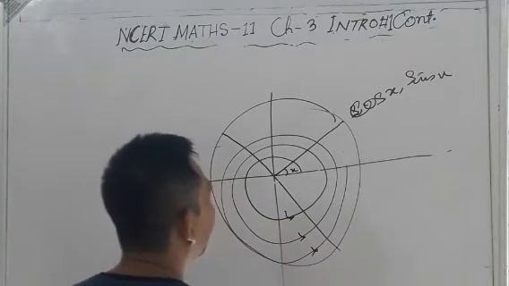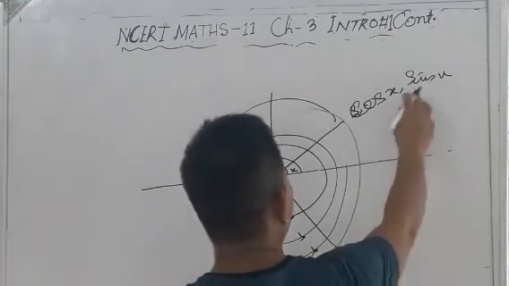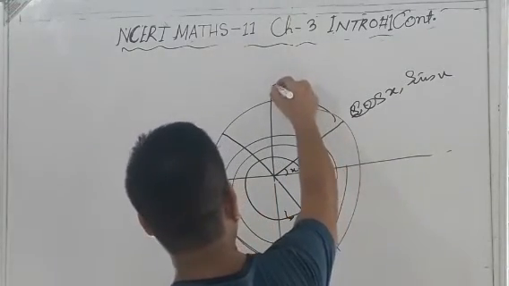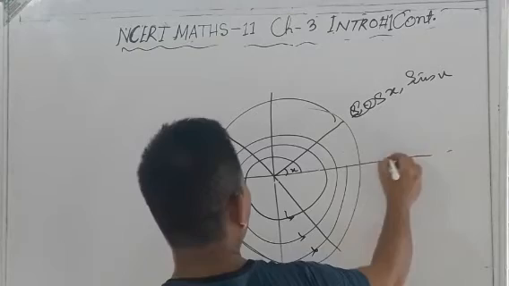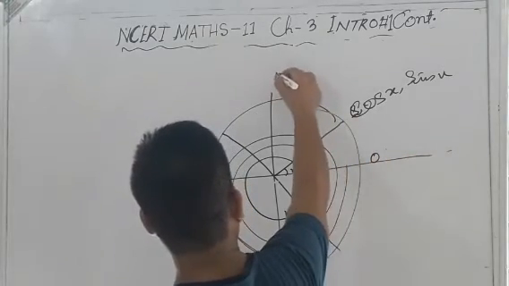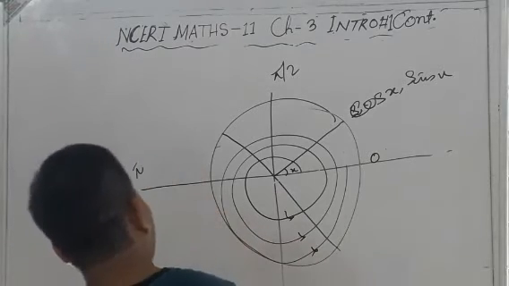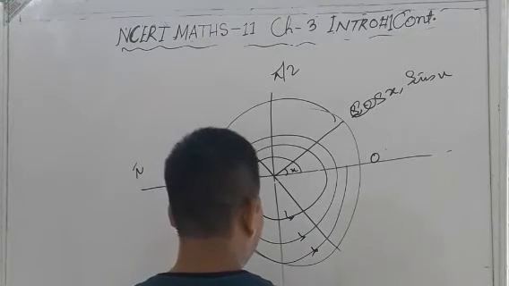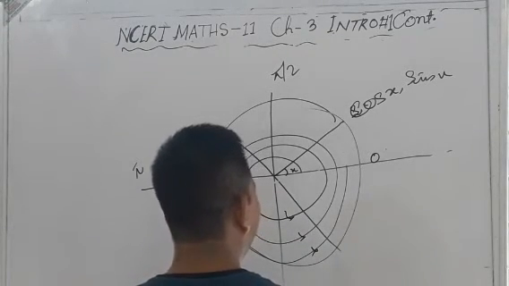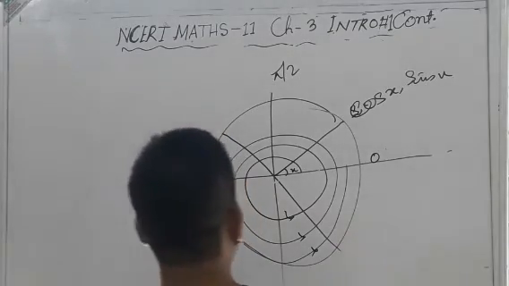Now this is cos x and sin x, so this is 0 and this is pi by 2. This is pi and this is 3 pi by 2. Okay?